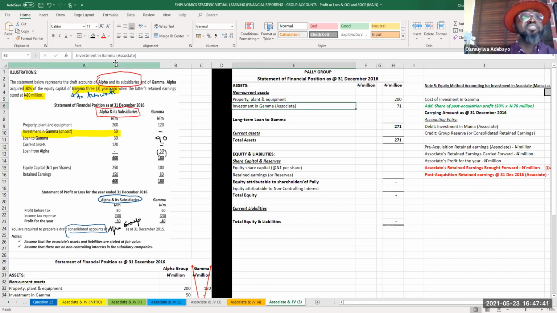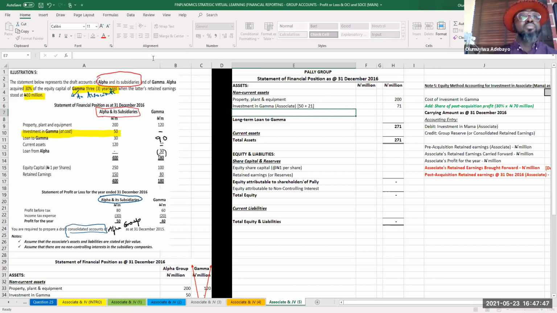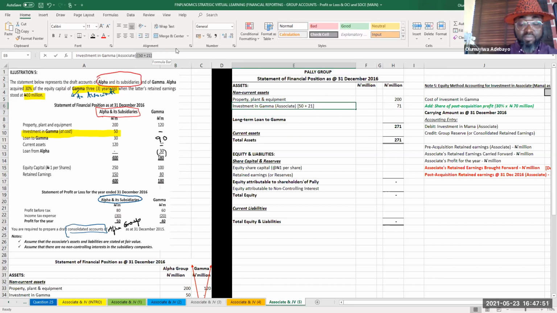It is now 50 plus 21. 71, yeah. That's it. And what note is that? That's note 1. That's where it came from.